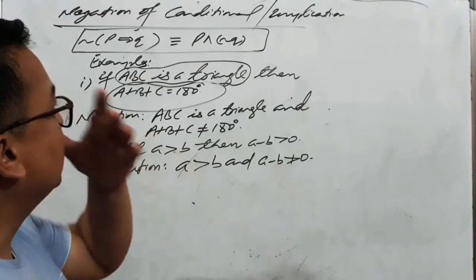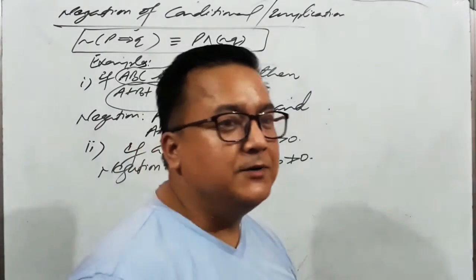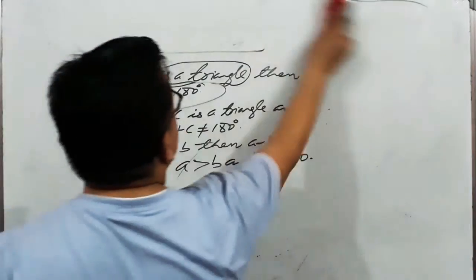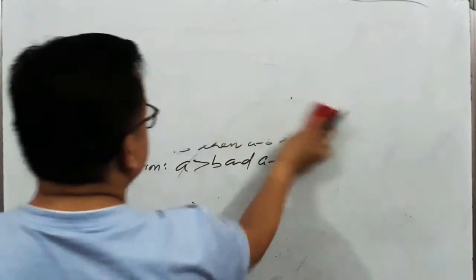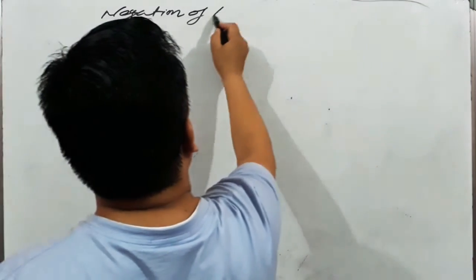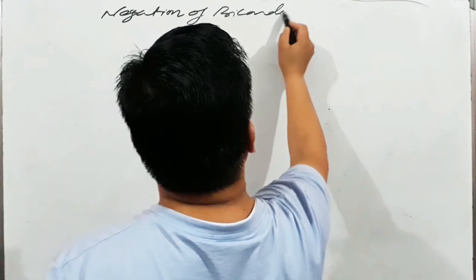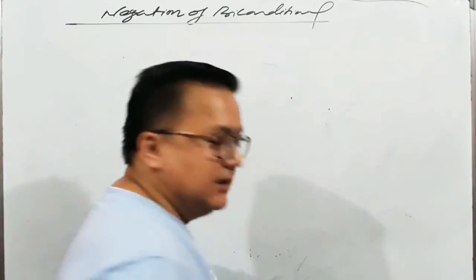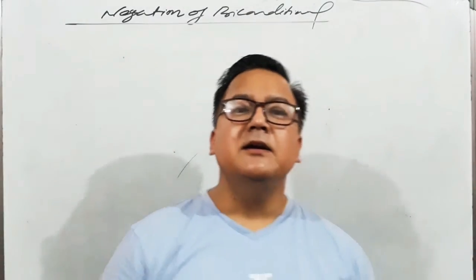Now the last one. Let's see the negation of a biconditional. Very, very important topic. In the last video we discussed conditional, biconditional, conjunction, disjunction.